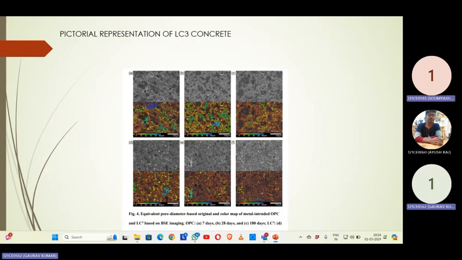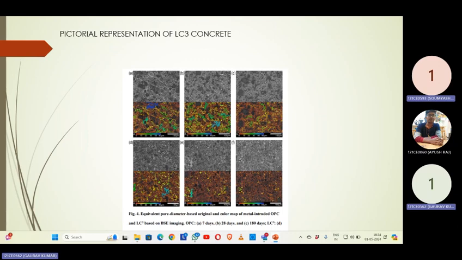So let's talk about the pore structure comparison in this graph. The ABC figure is showing the equivalent pore diameter of OPC at 7 days, 28 days, and 180 days. And the DEF figure is showing the LC3 equivalent pore diameter at 7 days, 28 days, and 180 days.